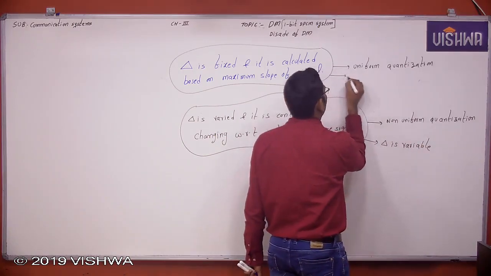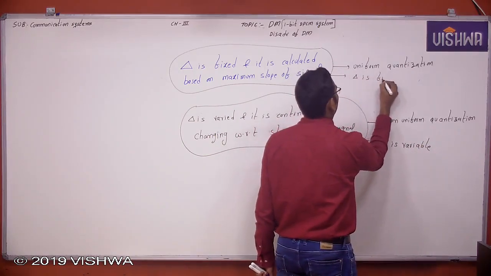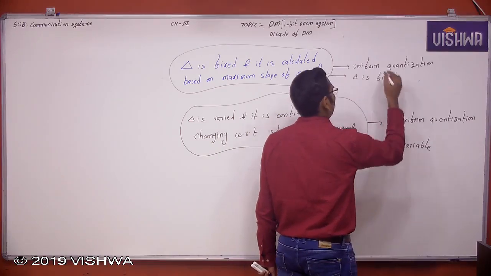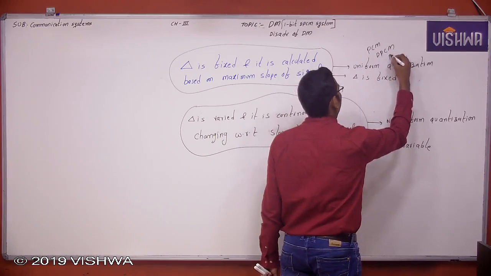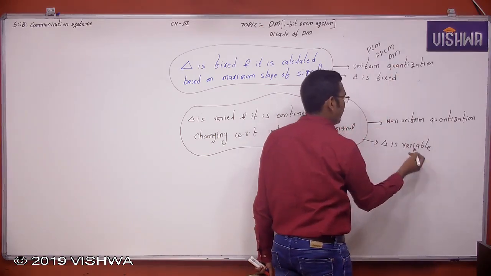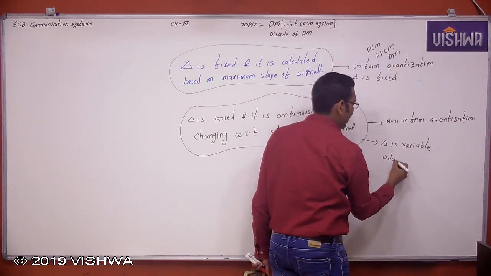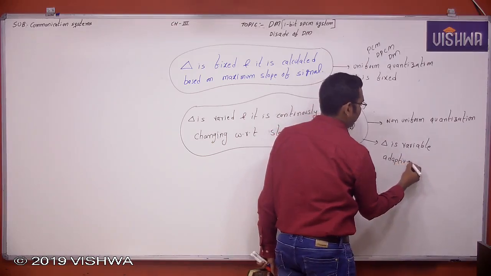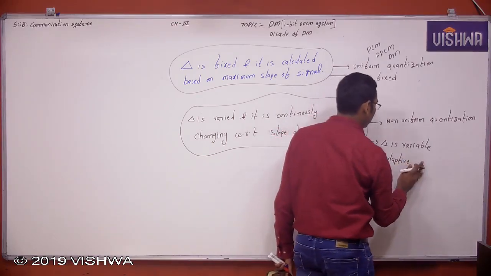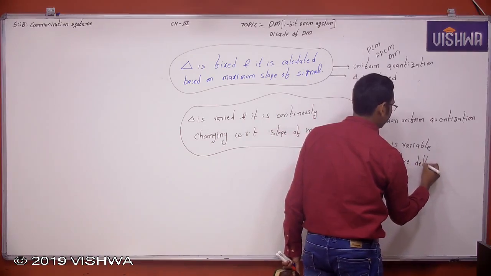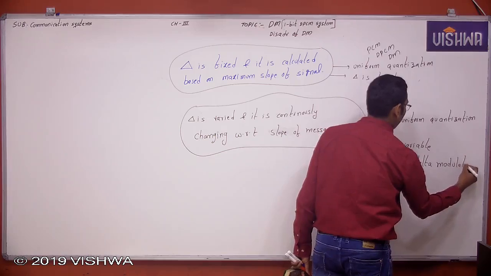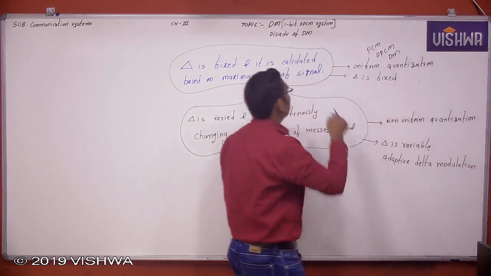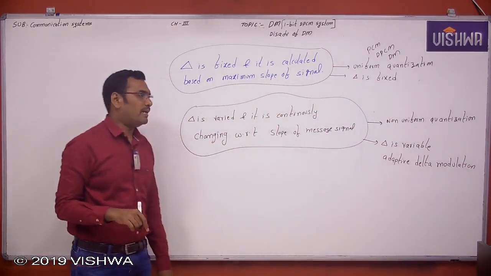Now here the step size is fixed, and this is PCM, DPCM, delta modulation. Now this step size is variable, and this is called adaptive delta modulation.